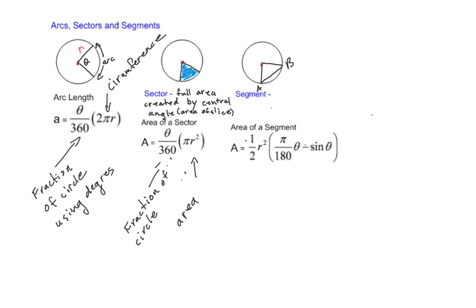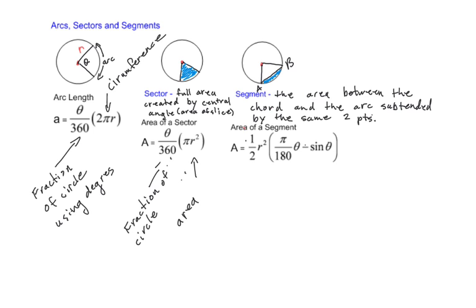And then we're going to calculate the area in this blue section right here. So when you hear about the idea of a segment, we're talking about the area between the chord, which is here, and the arc. That's all we're doing. Oh, I forgot to label where theta is. Theta is the angle here. And this is going to be R, and also this will be R for our sector.